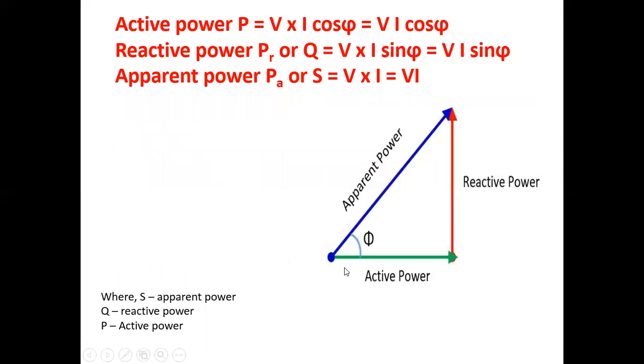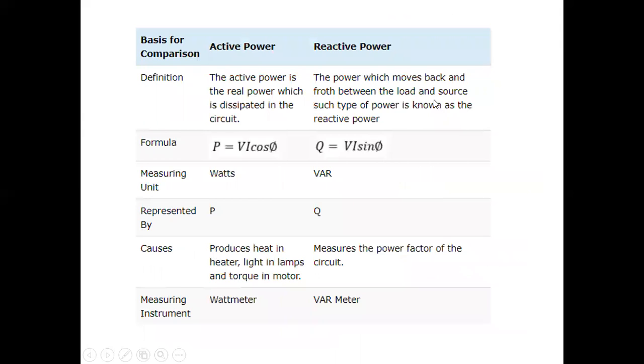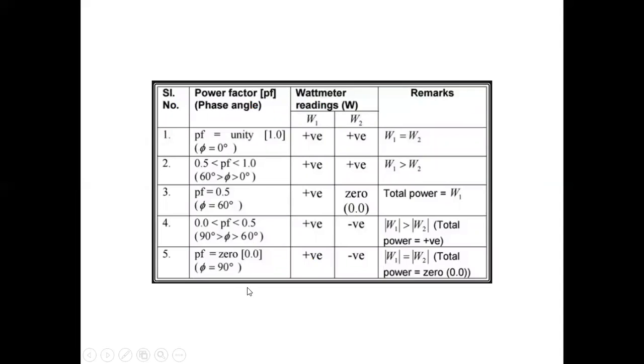This is our power triangle: active power, reactive power, and apparent power. The formulas are P equals VI cos phi and Q equals VI sin phi. The unit is watt for active power and VAR for reactive power, represented by P and Q. Active power produces heat in a heater, and it measures the power factor of the circuit. The measuring instruments are the wattmeter and the VAR meter.